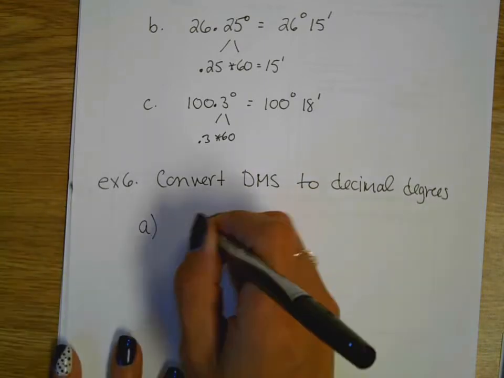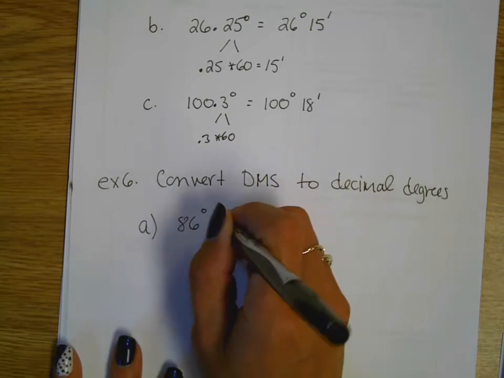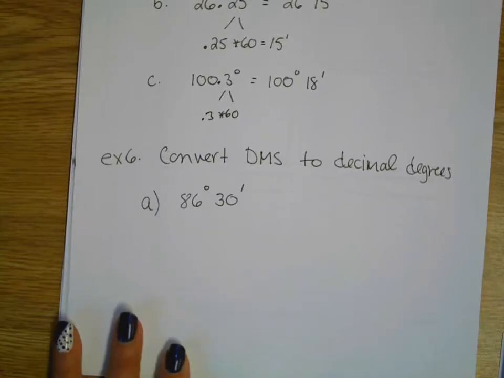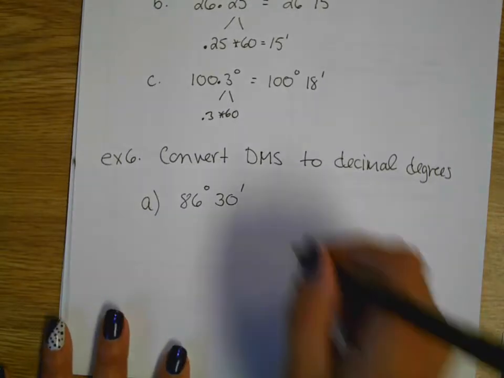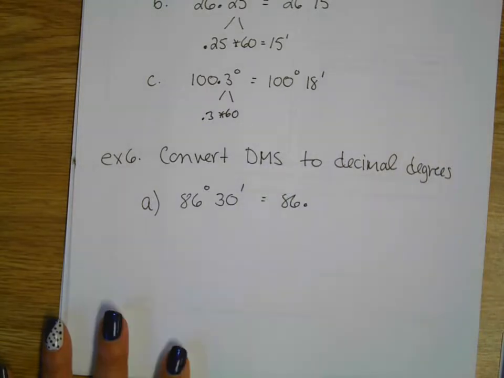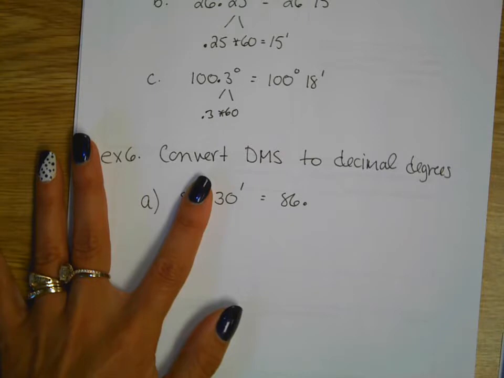Start simple again. 86 degrees, 30 minutes. Okay, 30 minutes. What decimal part or fractional part of a degree is it, Adam? It's a half, so we're going to put in 0.5.